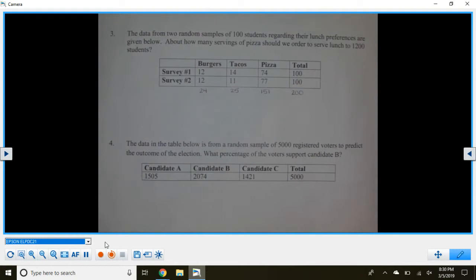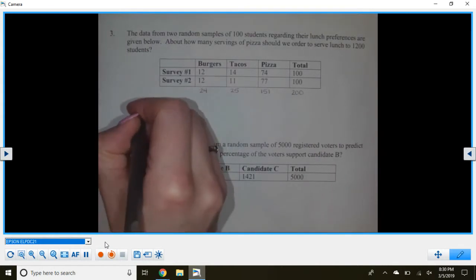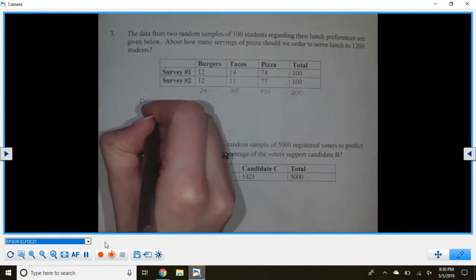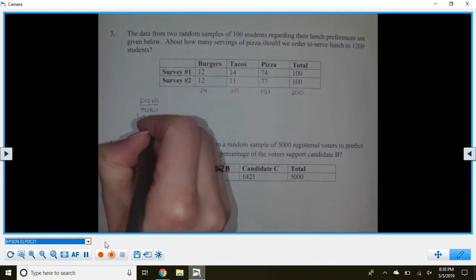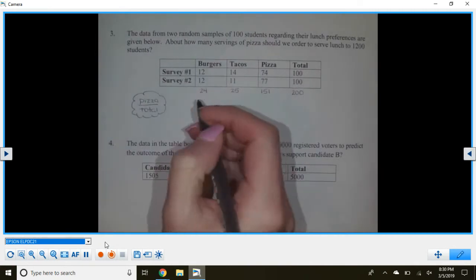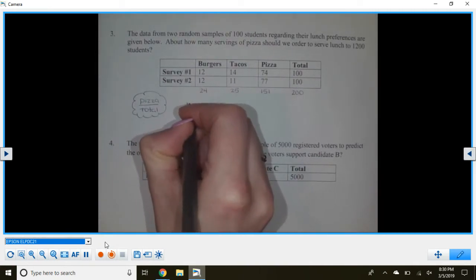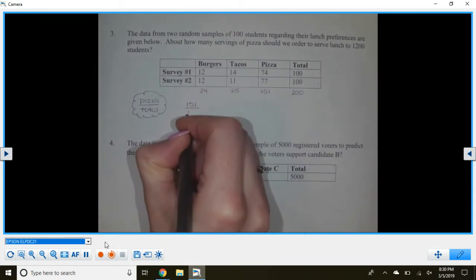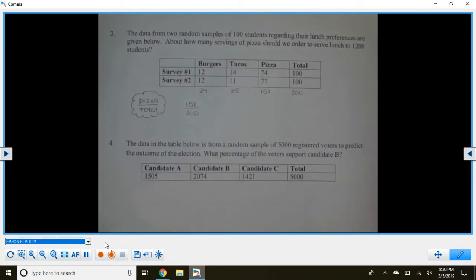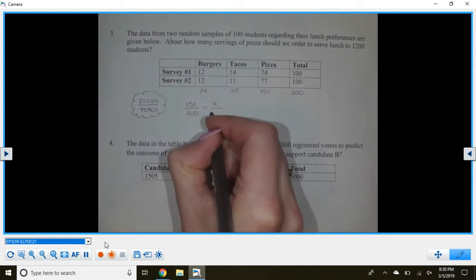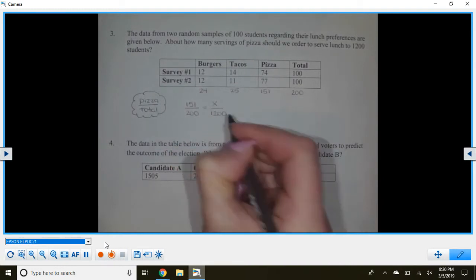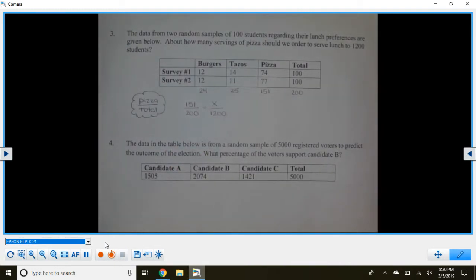We can use a proportion to figure out how many we should expect given a larger population. So we can compare pizza to the total number of students. First, in our survey, 151 students out of 200 surveyed said they would prefer pizza. We want to know how many would prefer pizza out of the entire population of 1,200.